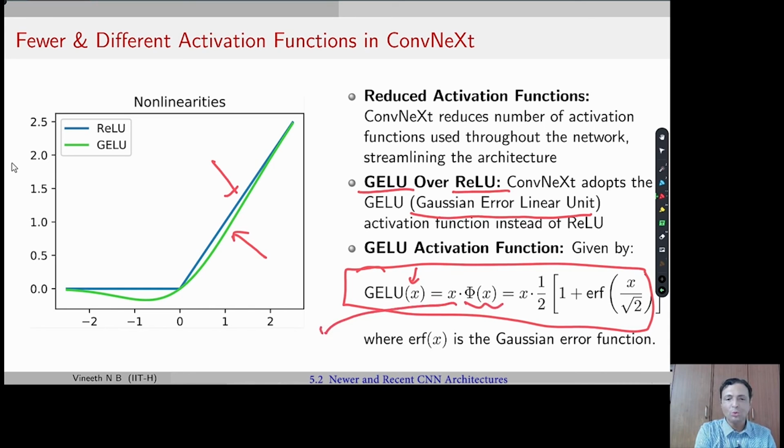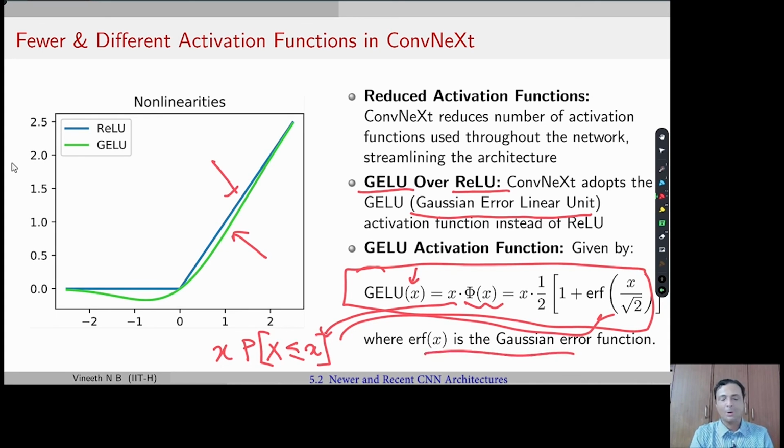One could also view this as x times the percentile of values below this particular value of x, which can be expanded in terms of the Gaussian error function, a standard formula that's well known.